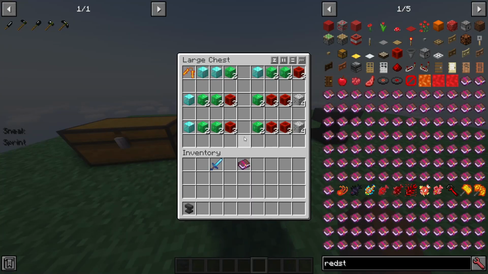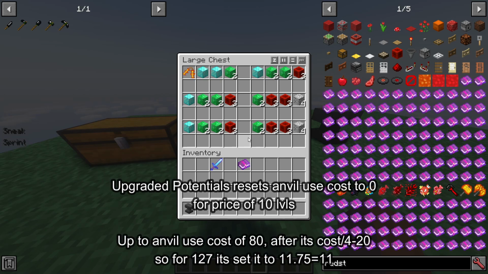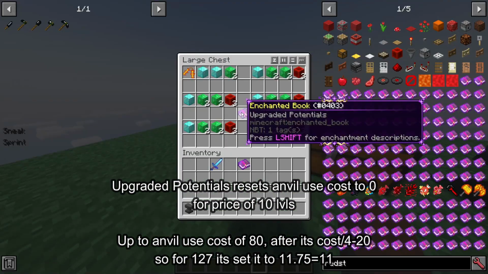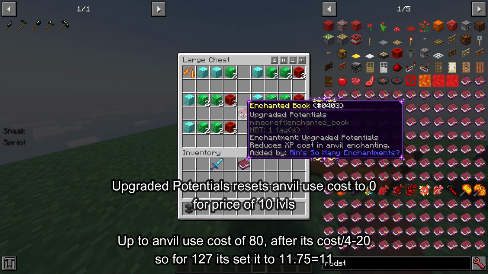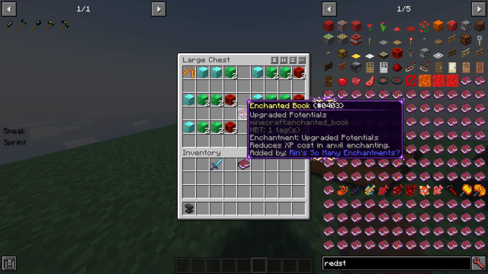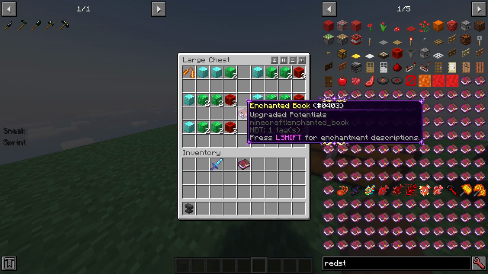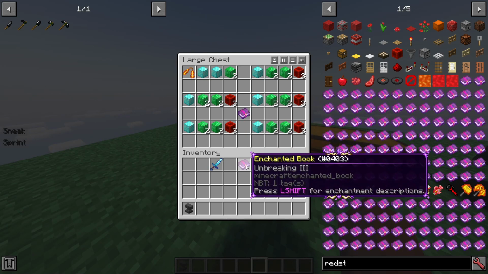Now, another thing I didn't talk about yet is Upgraded Potentials. That's not vanilla anymore. Until now this was all vanilla. Upgraded Potentials is an enchantment of so many enchantments. It resets your Anvil use count. And you can even put it on an enchanted book that already has enchantments.